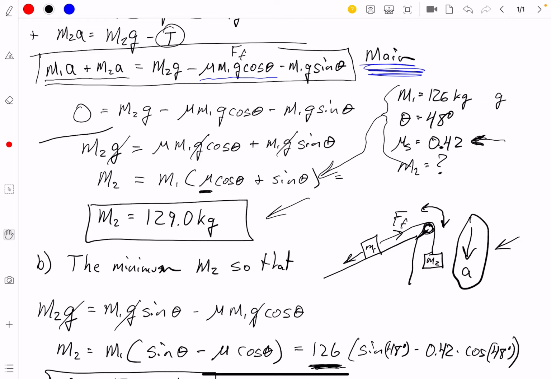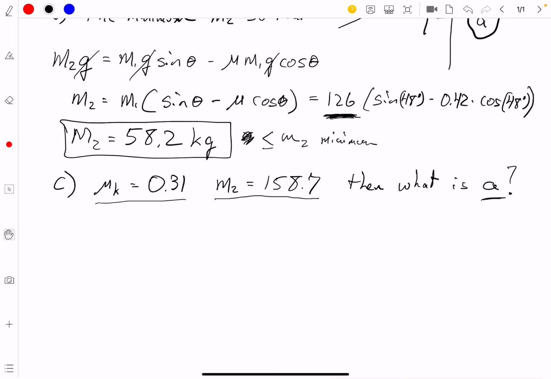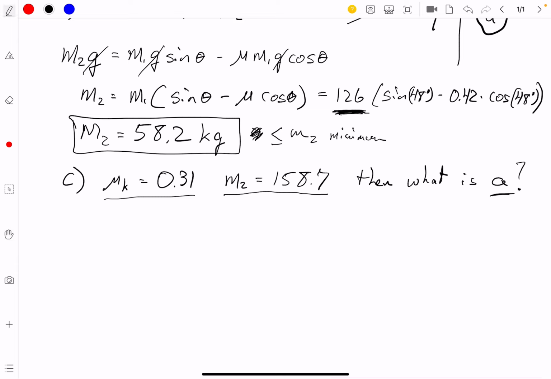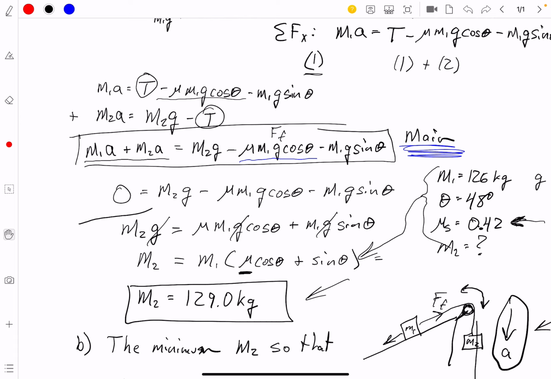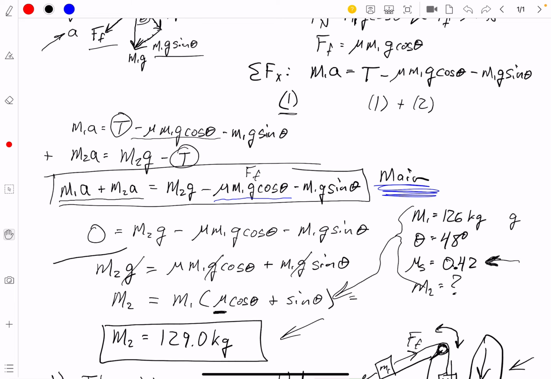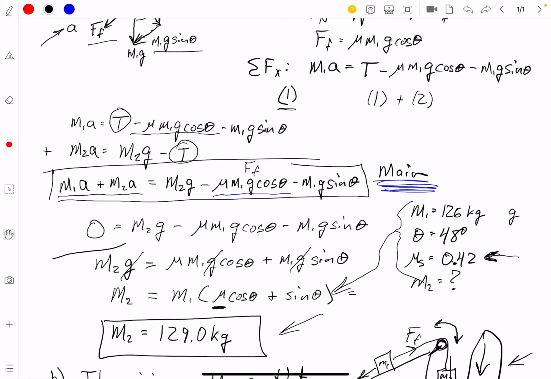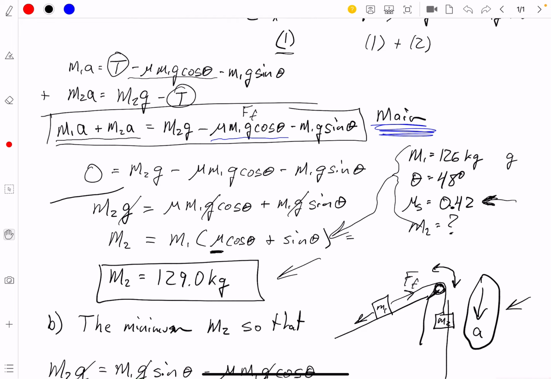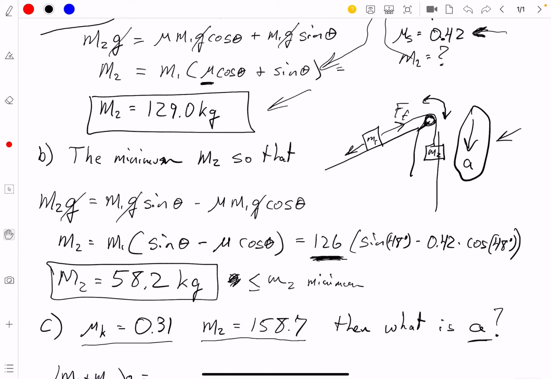So M1 plus M2 times A is on the left side. That's going to equal, I'm trying to drive too fast, M2g minus mu M1g cosine theta minus M1g sine theta.